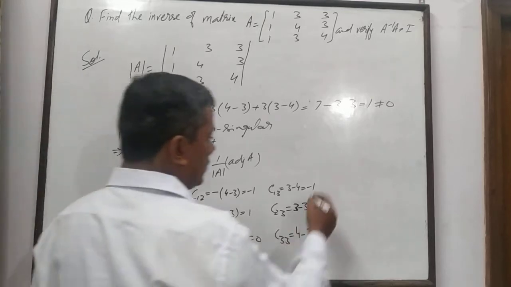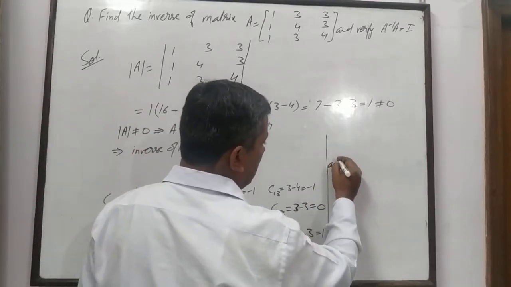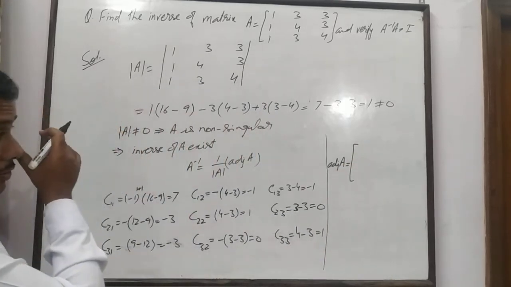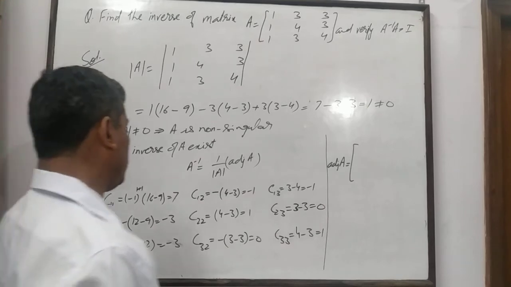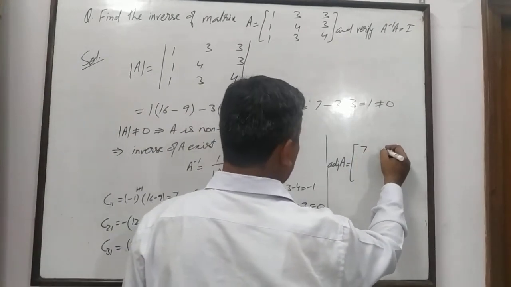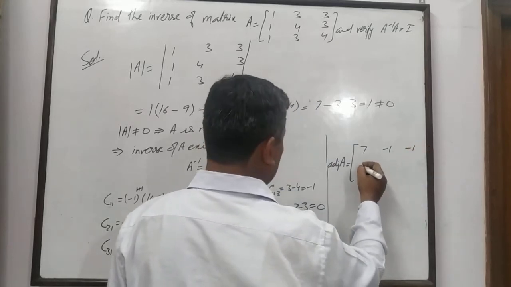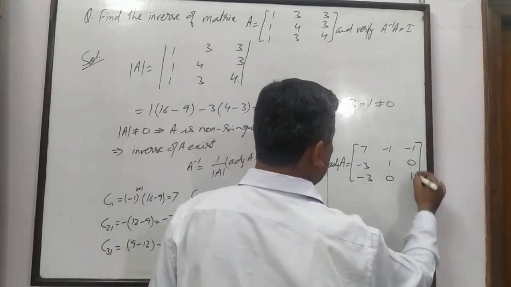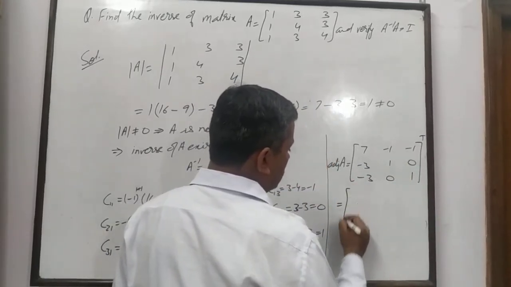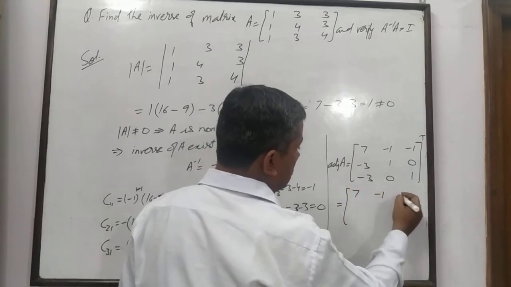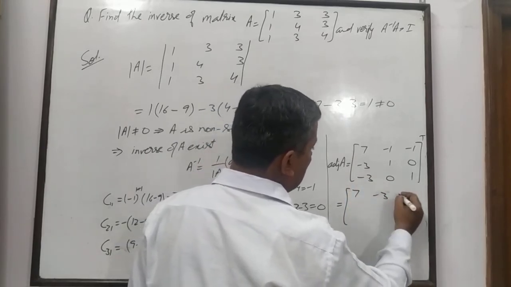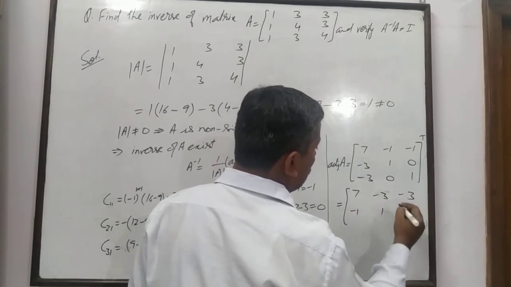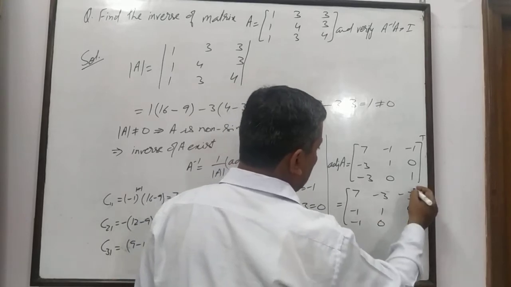Now what about adjoint of A? For adjoint A, replace each element of the matrix by its respective cofactor. You will have [7 -1 -1; -3 1 0; -3 0 1] and take its transpose. So the adjoint comes out to be [7 -3 -3; -1 1 0; -1 0 1].